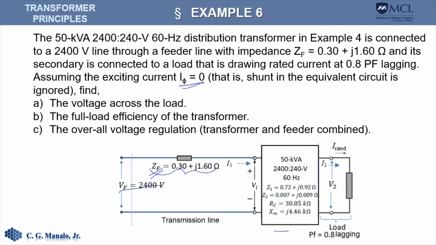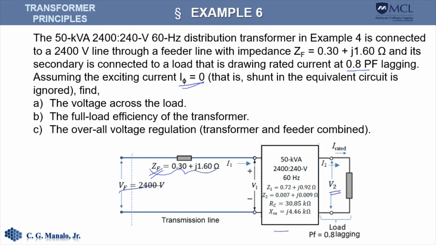Also, the secondary side of the transformer is connected to the load that has a power factor equal to 0.8 lagging. So the question is, what is the voltage at the load side, the voltage V sub 2, the full load efficiency of the transformer, that is the efficiency of the transformer while it's operating at the rated load, and the voltage regulation of the entire setup, that is transformer and feeder combined.